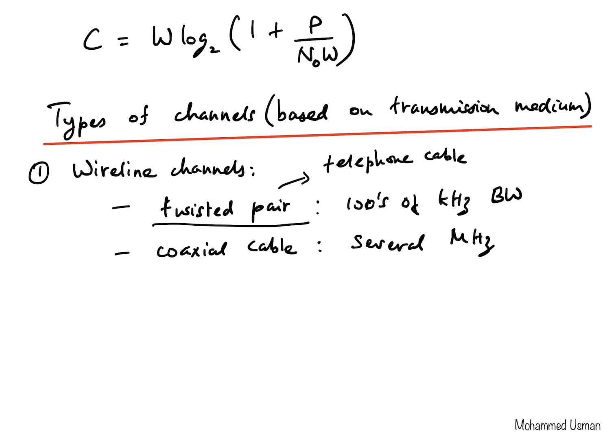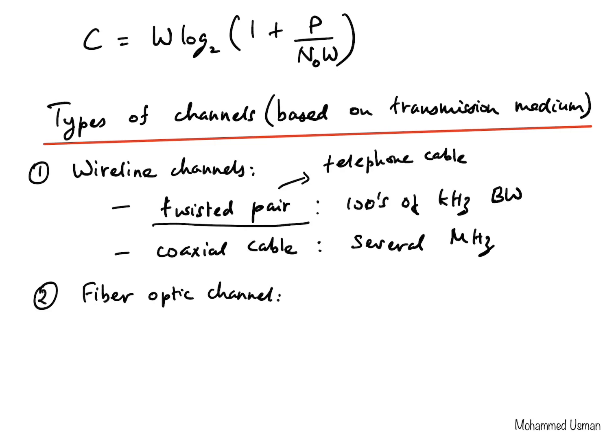So the first type of communication channel that we talk about is the wireline channel, of which there are two major categories: the twisted pair and the coax. The second type of channel based on the medium is the fiber optic channel. The fiber optic channel typically carries the signal in the form of light.